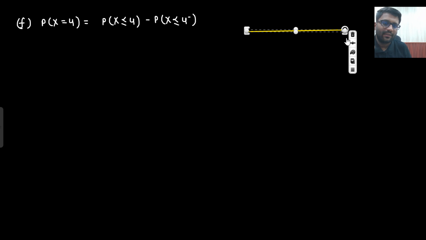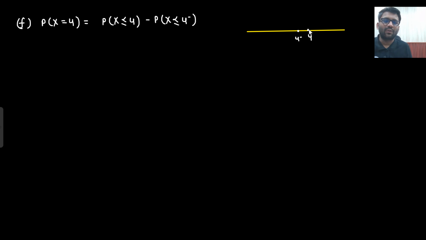Okay. What about this one? Probability at x equals to 4. Can I write it down in this manner? You let me know. Probability of x less than equals to 4 minus. This is 4 and this is 4 minus.